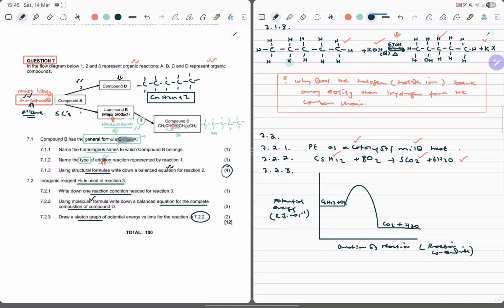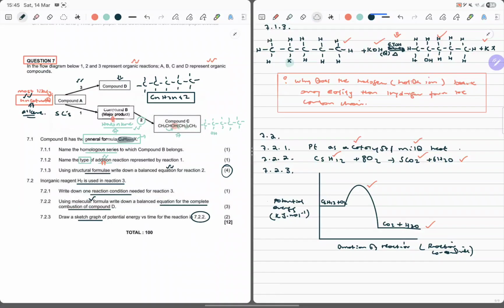At this point we don't care about the stoichiometric relationship. As long as the reactants are higher than the products, we don't have specific values. As you can see, it's just 2 marks: the shape of this graph and the difference in the energies.